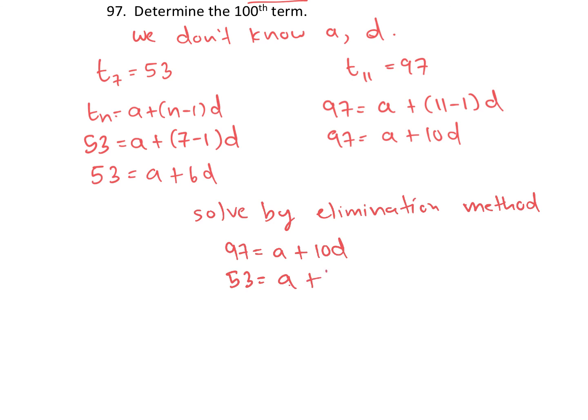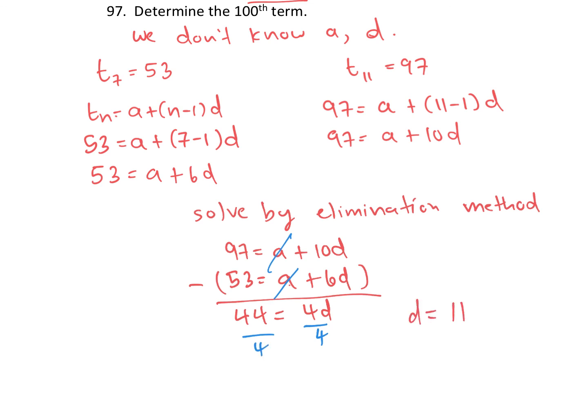But I'm just going to subtract these 2 equations because if I subtract, I see that the A's would add to 0. So I'll do 97 minus 53 is 44. The A's add to 0. And then 10 minus 6 is 4. And then we'll divide by 4 to solve for D. So the difference is 11.